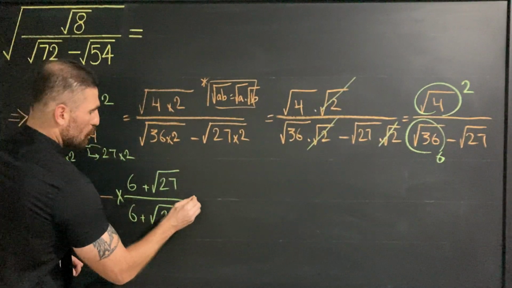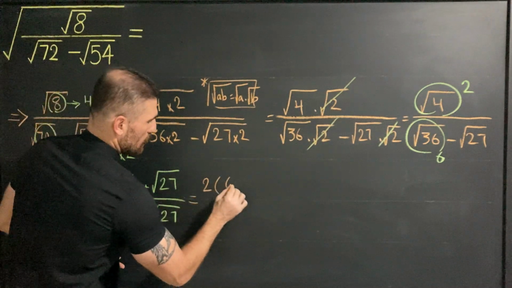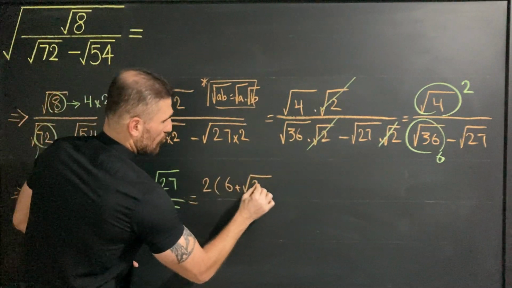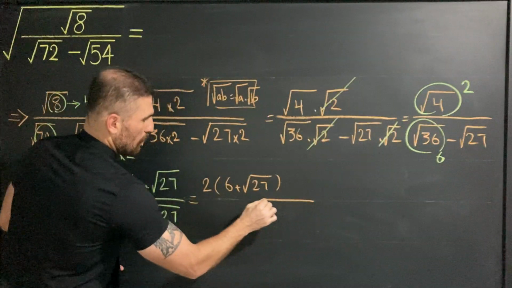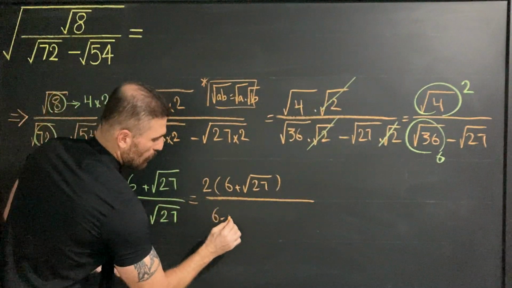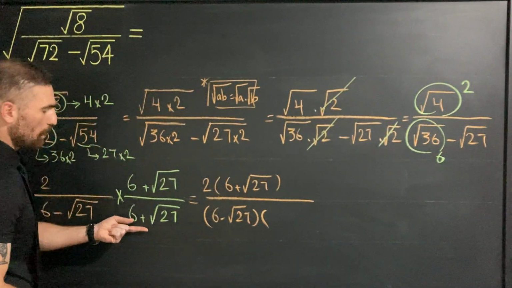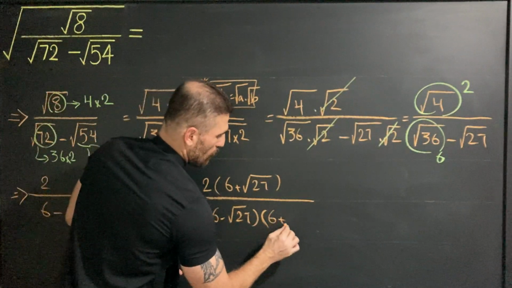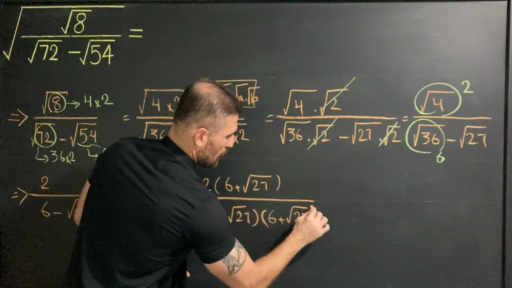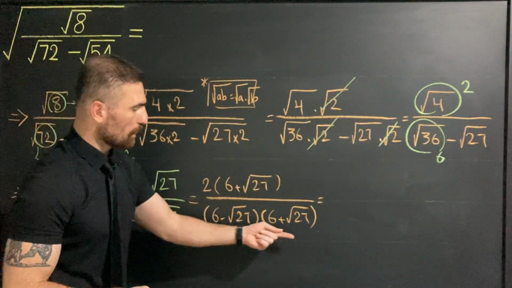Our expression is going to be 2 times this one, 6 plus second root of 27. Bottom we have 6 minus second root of 27 times 6 plus second root of 27.